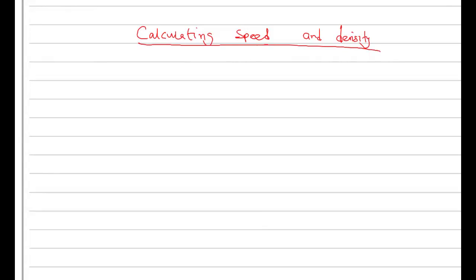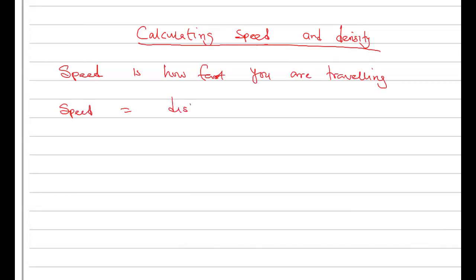When you say speed, speed is how fast you are traveling. So speed equals distance divided by time.